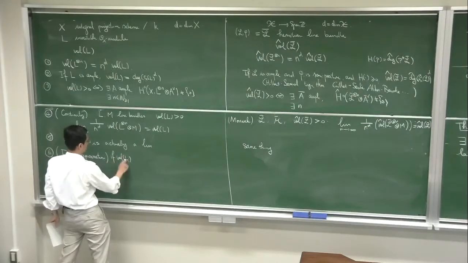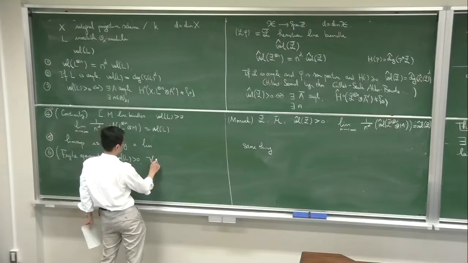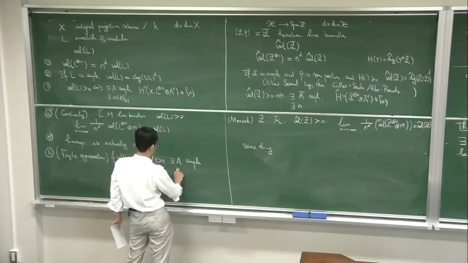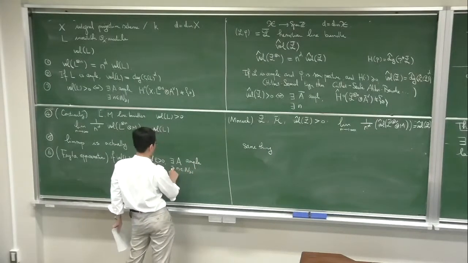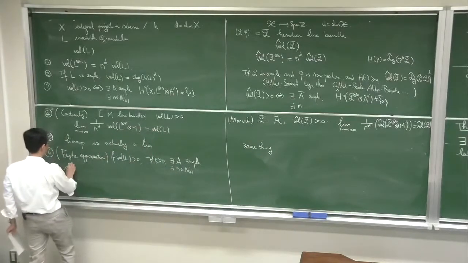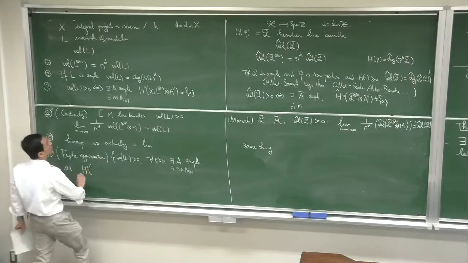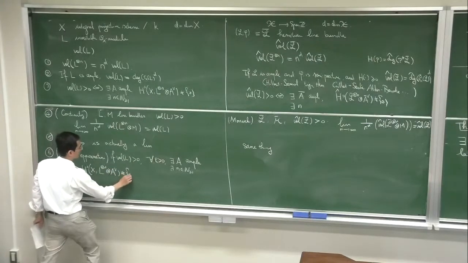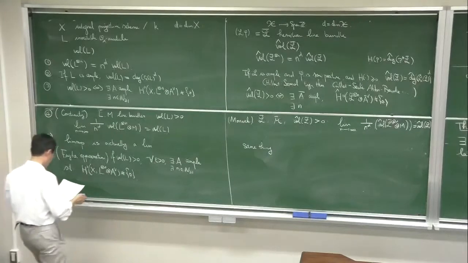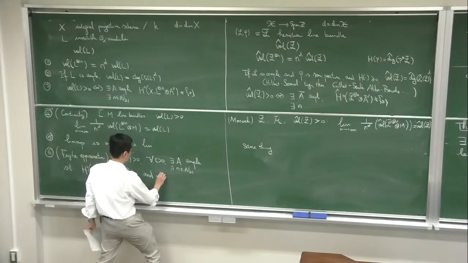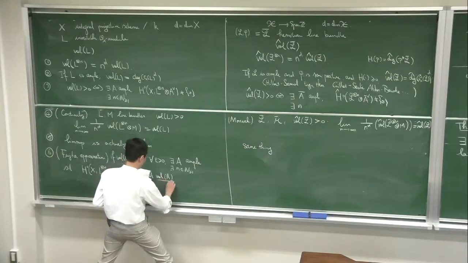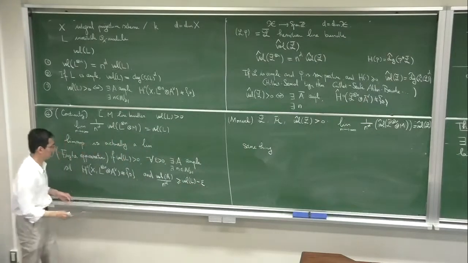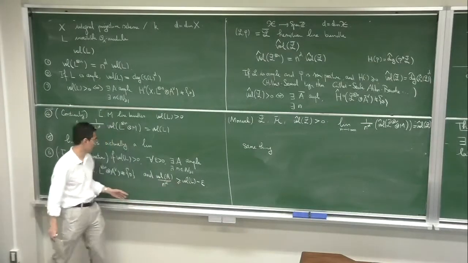If the volume of L is positive, then for any epsilon positive you can find some A ample and n, which is a positive integer, such that h0 of X, L to the power n tensor A dual is not 0, and also the volume of A over n to the power d is at least the volume of L minus epsilon.